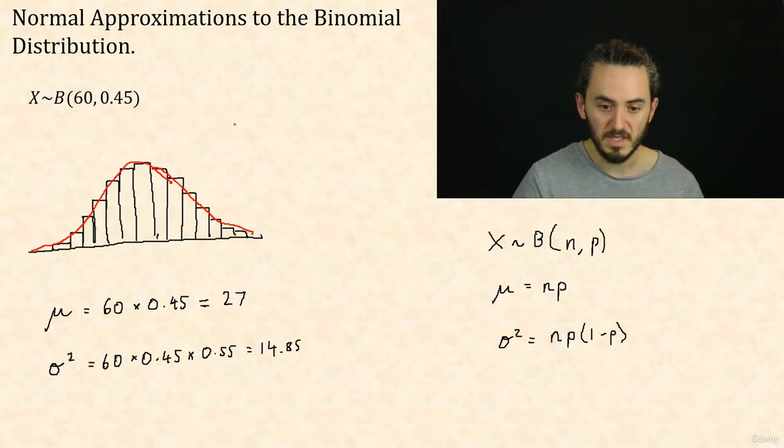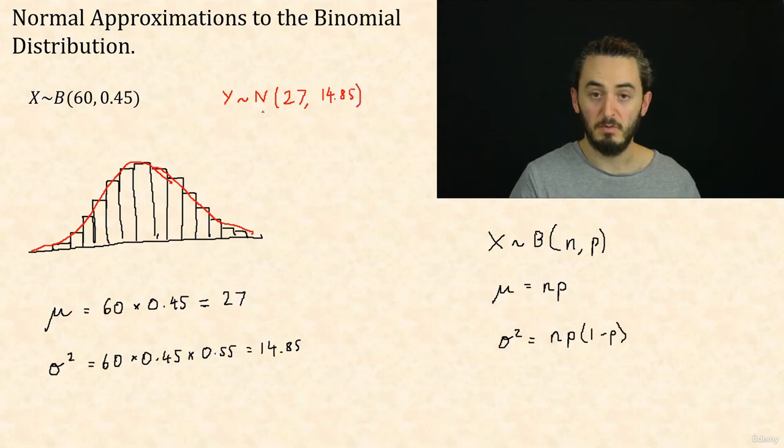I often refer to the approximation as Y. It's going to be a normal distribution with a mean of 27 and a variance of 14.85. So what we've now done is found a normal distribution which looks really quite similar to this binomial distribution.